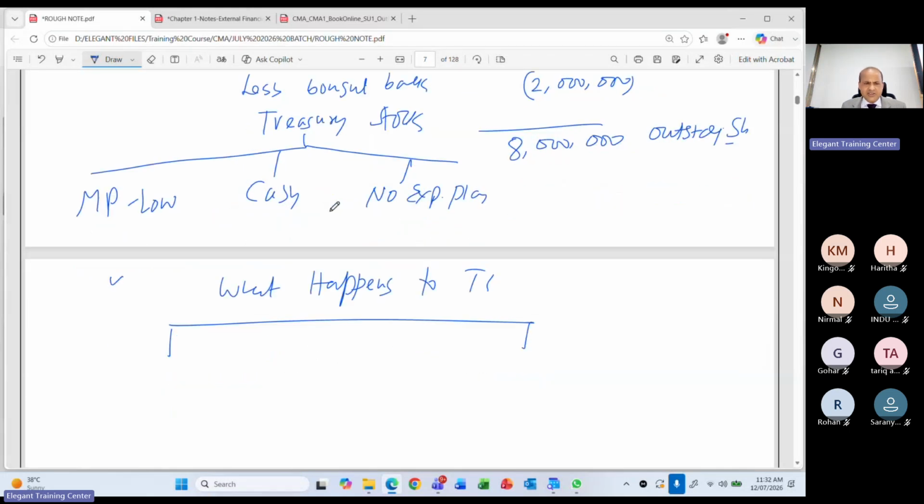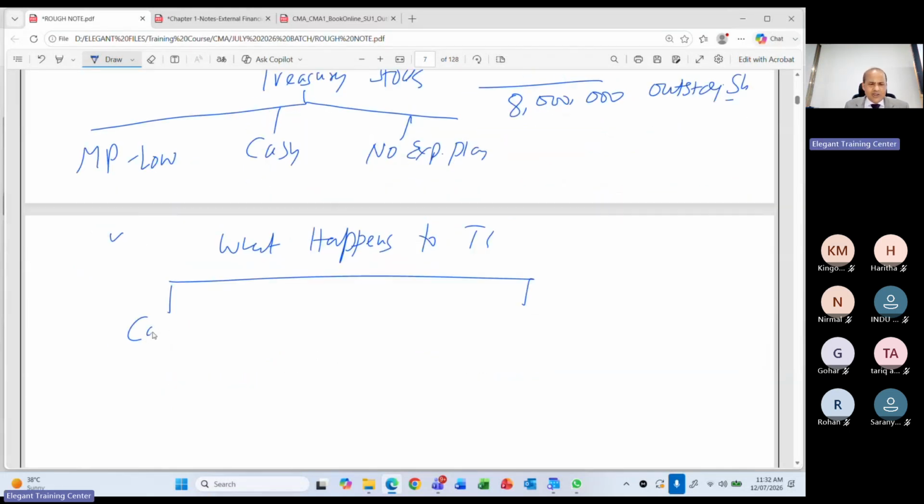Understand the concept. It can be resold at a later date, and they will get capital gain. Why capital gain?